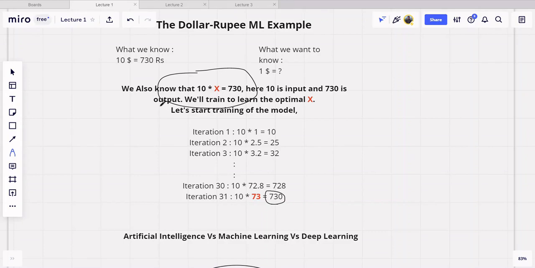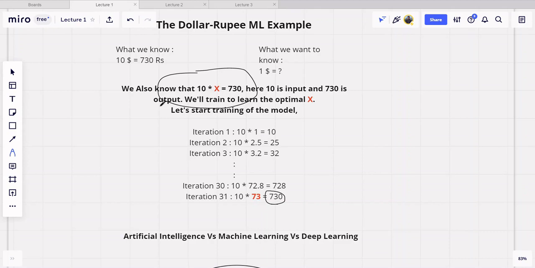Okay, so basically if we know what the value of x is, then we can multiply the same value of x with $1 and we'll get the correct answer. But how will you learn the parameter x?